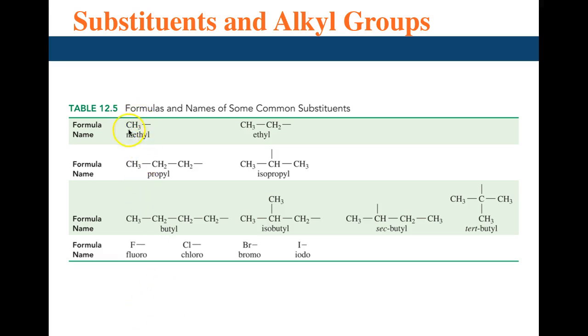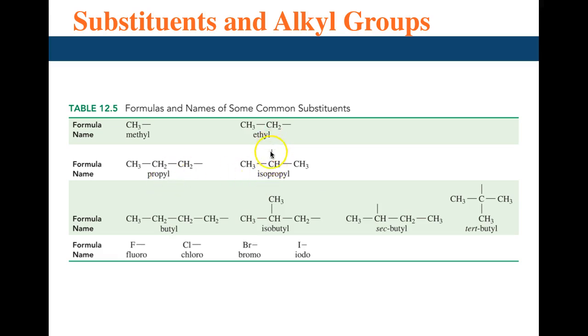If the substituent is a CH3 group, it is called methyl. If it is CH3CH2, ethyl. 3 carbons, propyl. So instead of propane, propyl. Instead of ethane, ethyl.